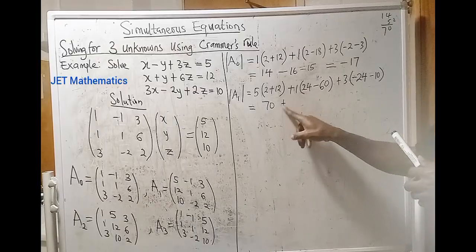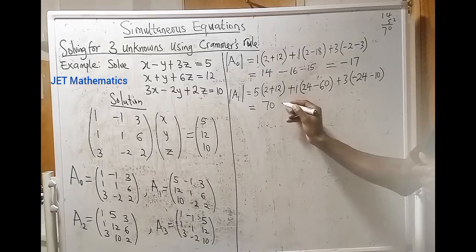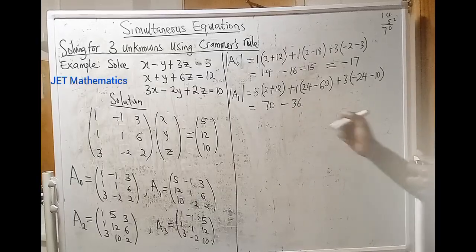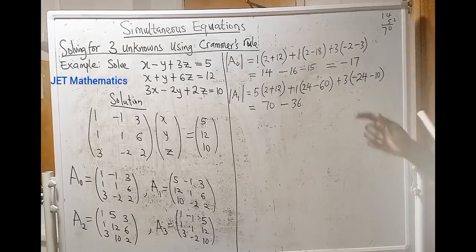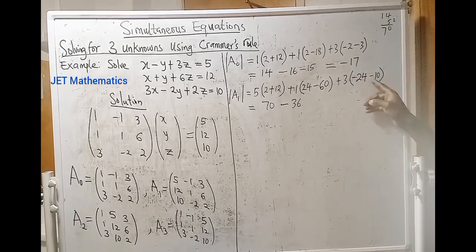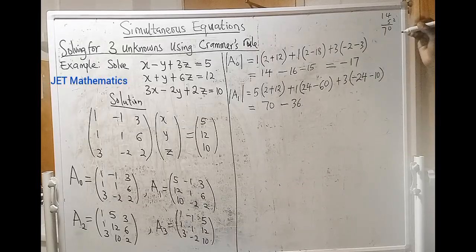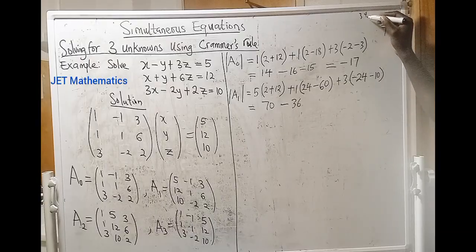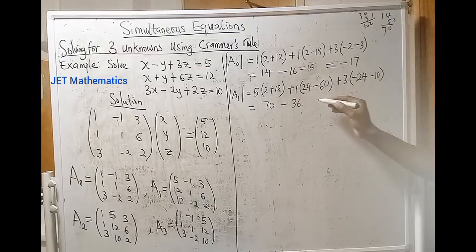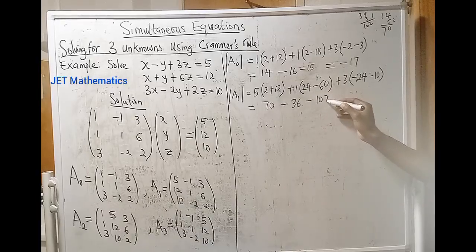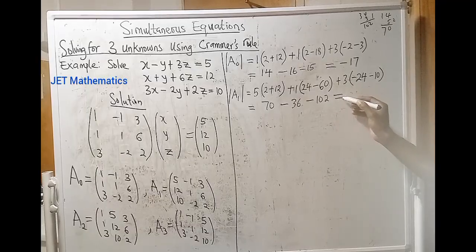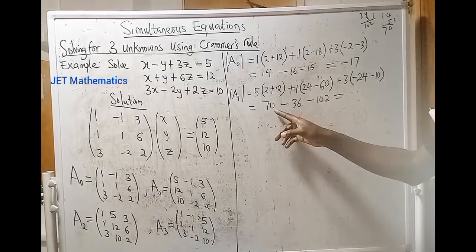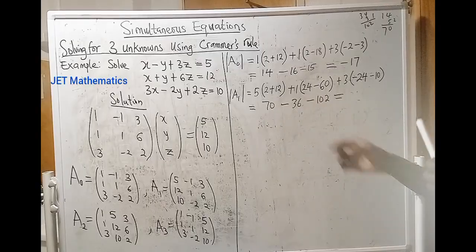Minus 36 times 1 is minus 36. Then minus 24 minus 10 is minus 34. So minus 34 times 3 is 102. We have here minus 102. So our final answer here will be 70 minus 36 minus 102.